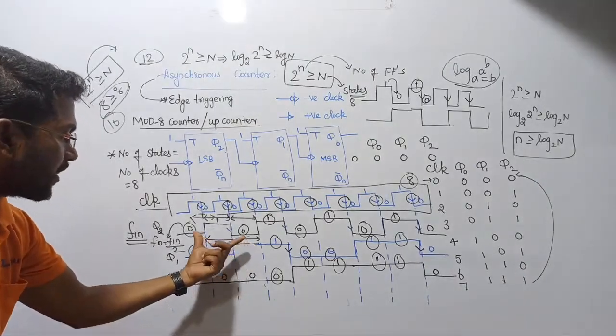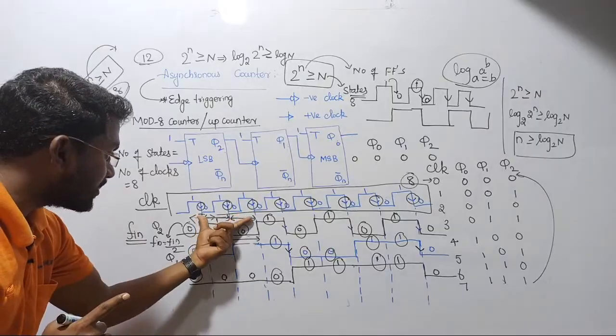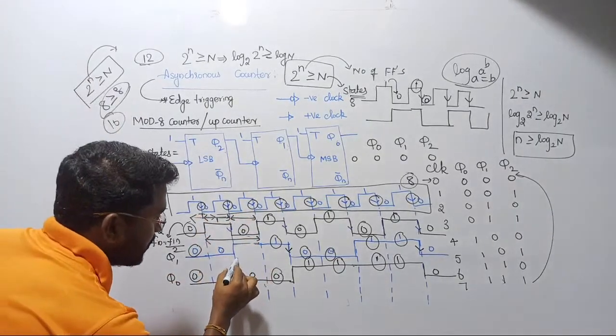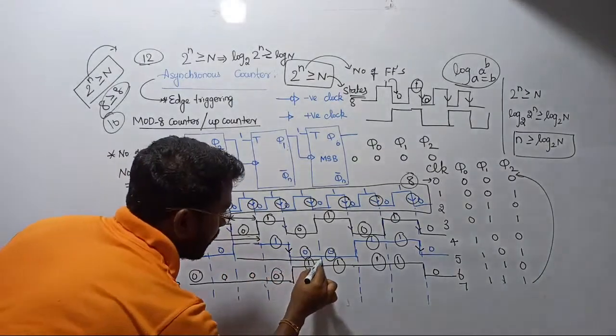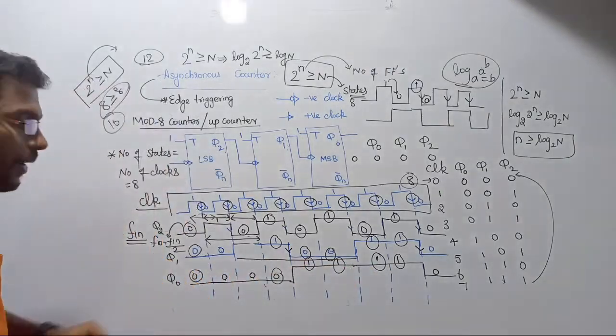I am taking twice the clock period to complete one cycle. If you observe the next one, just consider first clock, second clock, third clock, fourth clock. Totally I took 4 times T to complete one cycle. So what will the frequency be?